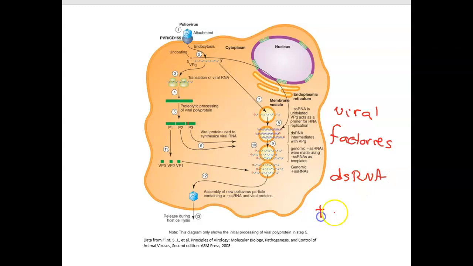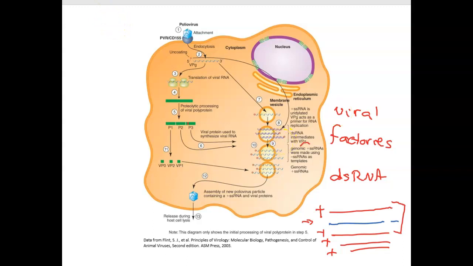Remember, it's a positive sense RNA. In order to replicate, it has to make the negative sense, and then it can run copies of the positive sense off of that. But during replication, you've got a temporary double-stranded RNA intermediate that could set off the innate immune system. So one of the reasons that it reorganizes these membranes is to protect that double-stranded RNA intermediate from the innate immune system.